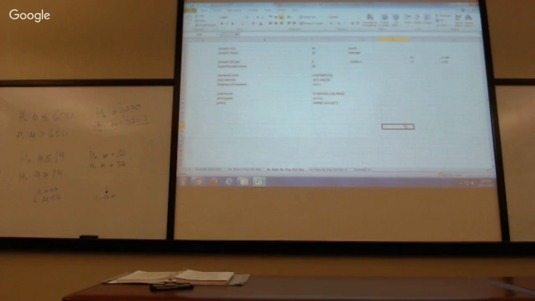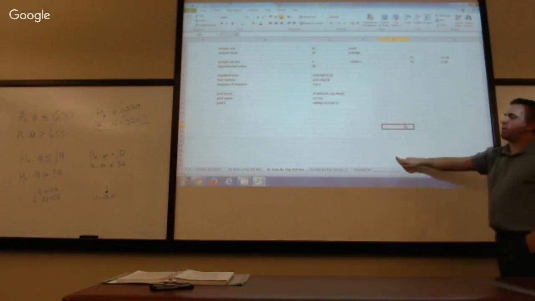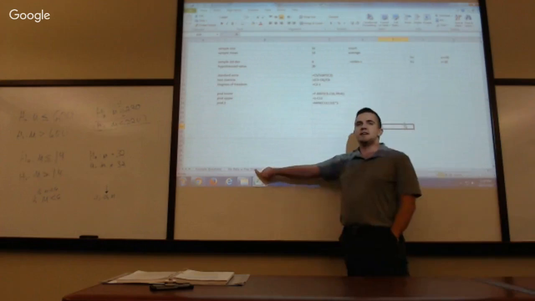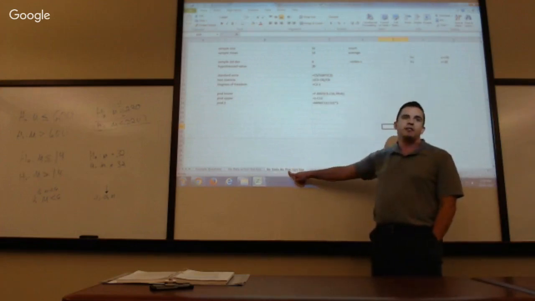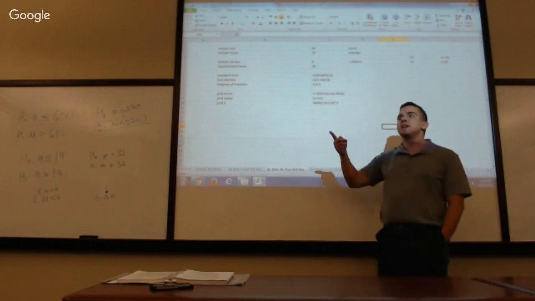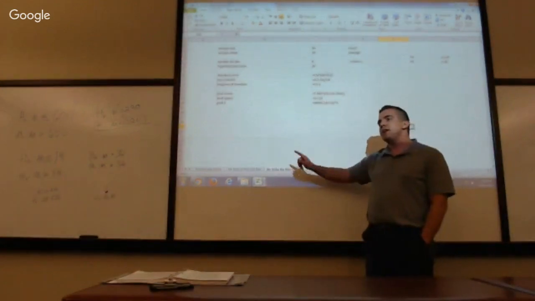And if you look at my templates, they're not as pretty, but you can figure it out. I've labeled them data with population standard deviation, and then data with no population standard deviation. So if you're given a sample standard deviation, then you use this one.